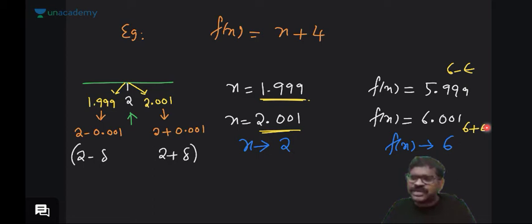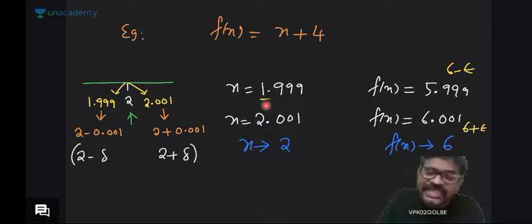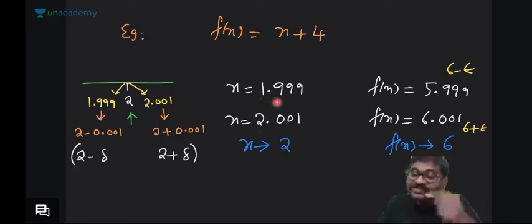That's my point. Its meaning is mod x minus a less than delta, f of x minus L is less than epsilon.